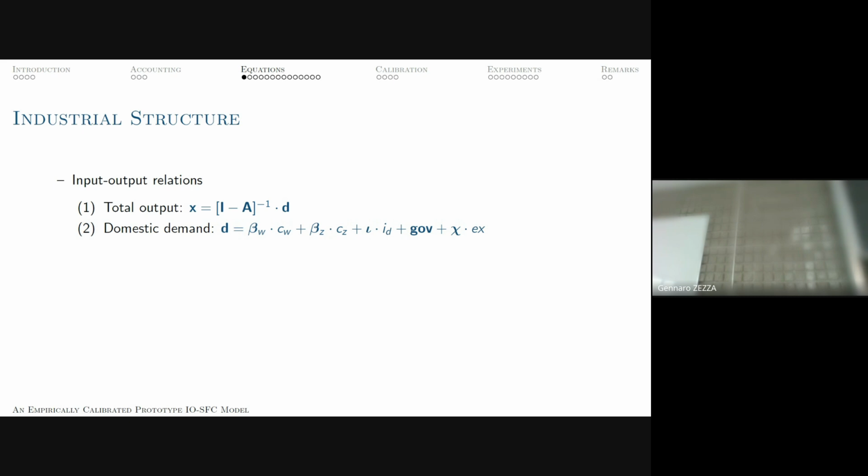Notice, however, that the granularity is quite high when considering 163 industries. And C_W, C_Z, I, and X are consumption, investments, and exports expressed in real terms.